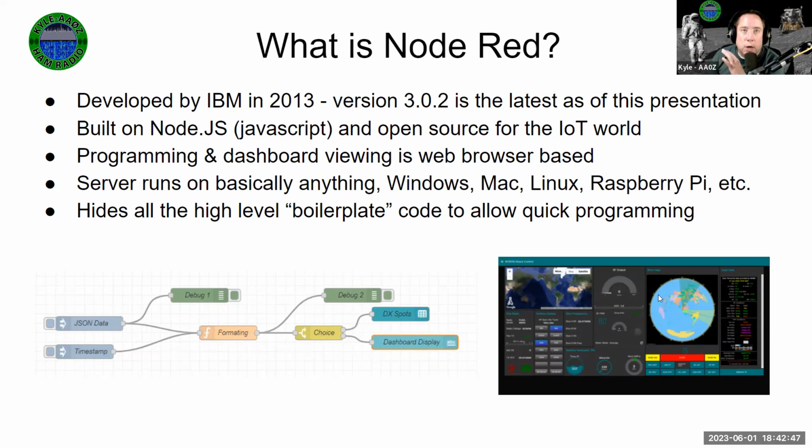Keep in mind, all of this is web-based. You run the server on a device that runs 24/7, like a Raspberry Pi, and then you connect your computer or your laptop via a web page, Chrome, Safari, Firefox, whatever, to the Raspberry Pi or the server, and all of the programming and all of the dashboard is web-based.